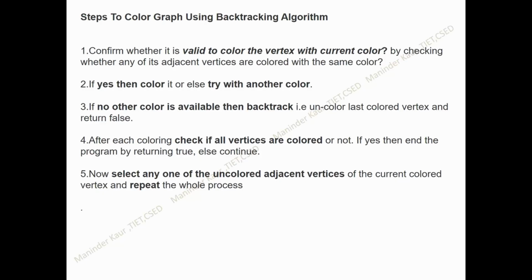Now, to conclude the whole process of graph coloring, we start with a single vertex, then move to an adjacent vertex. We color that adjacent vertex with a color which has not been given to the rest of the connected vertices. After coloring, we move to the next adjacent vertex and repeat this process.